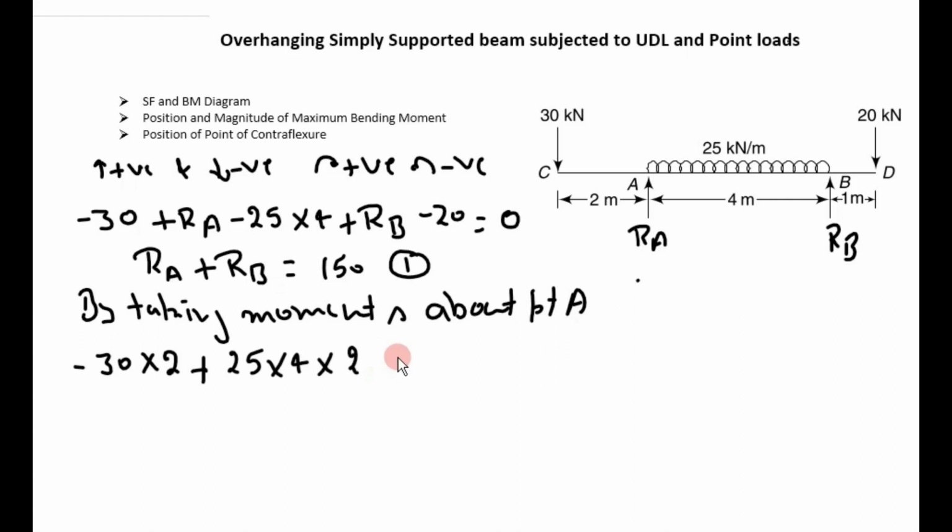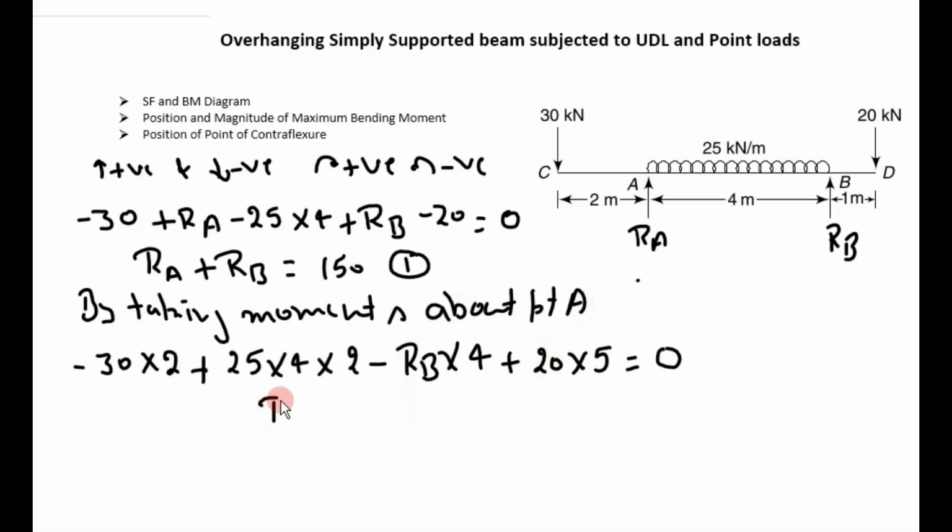Then next one is RB. RB is at a distance of 4 meter from point A and it tends to rotate the beam in the anti-clockwise direction. The last one is 20 kilonewton, at a distance of 5 meter from point A, and it tends to rotate the beam in the clockwise direction. The sum of all these moments about point A should be 0.